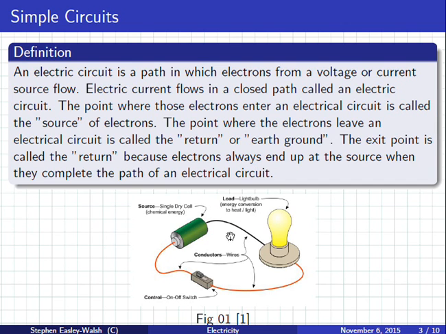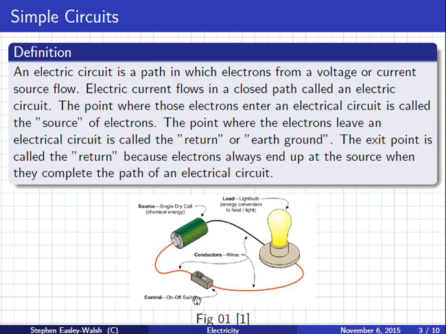So look, here's a picture for it. You see here, there's the source, the battery. These wires are conductors. Here is the return, which goes back into the battery. I actually didn't give you this vocabulary, but this light bulb is the resistor. Another name for resistor is the load.